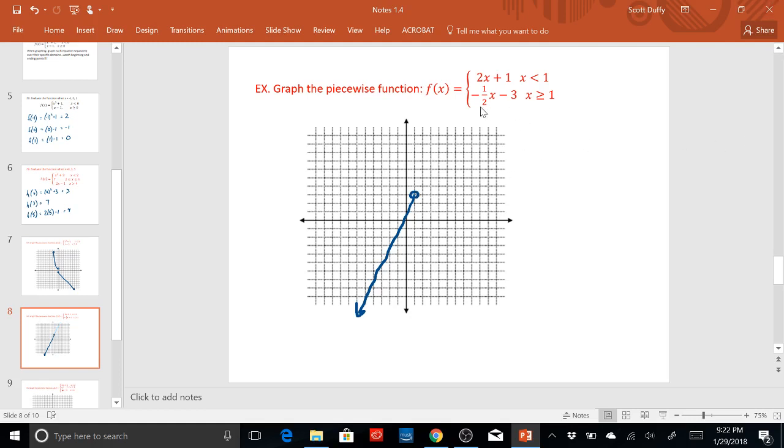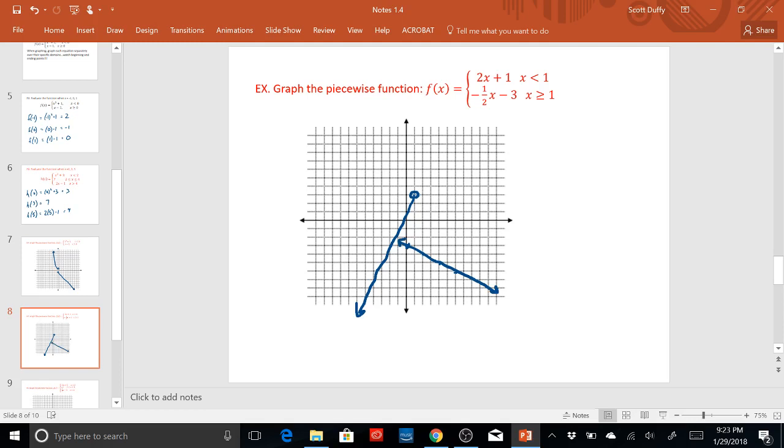Then negative 1/2 x minus 3, where x is greater than or equal to 1. So go to negative 3, go down 1 over 2, down 1 over 2, down 1 over 2. That's what it should look like. Same thing going to the left, okay?